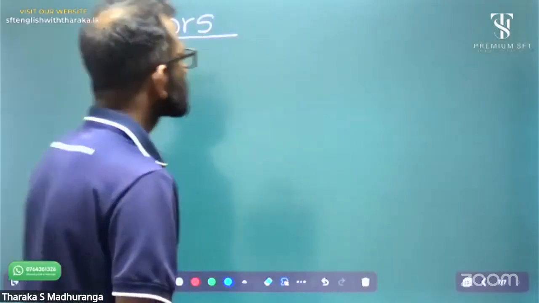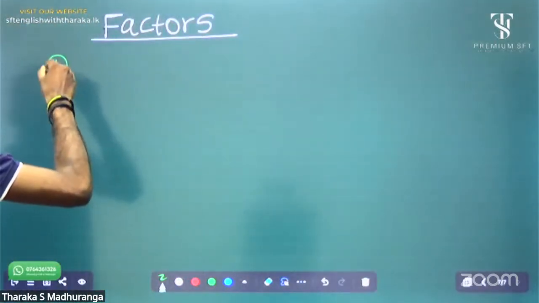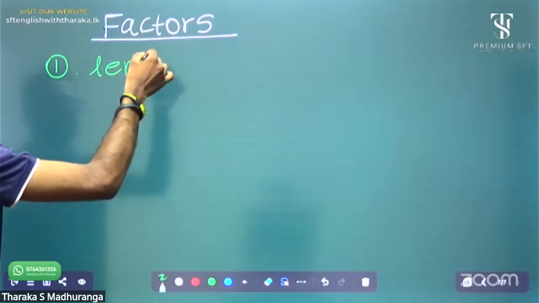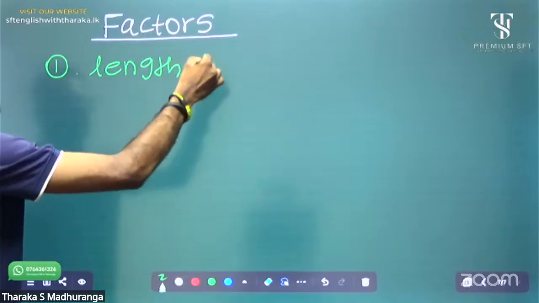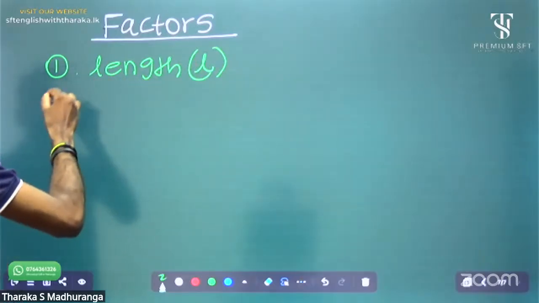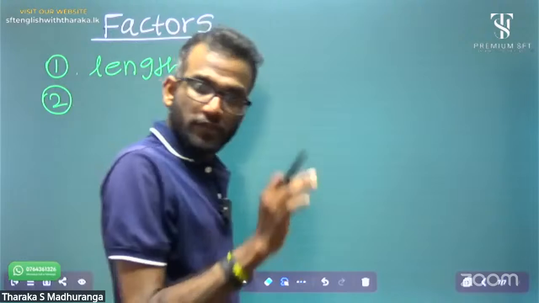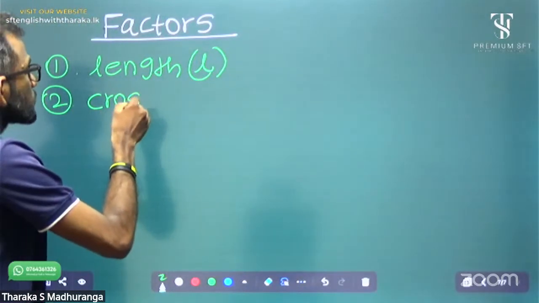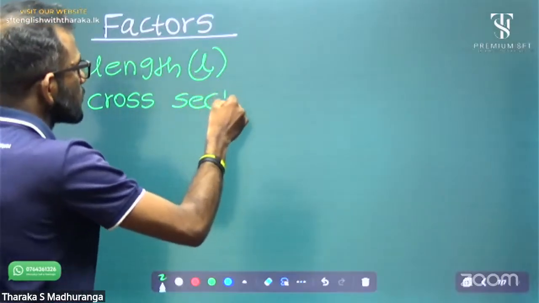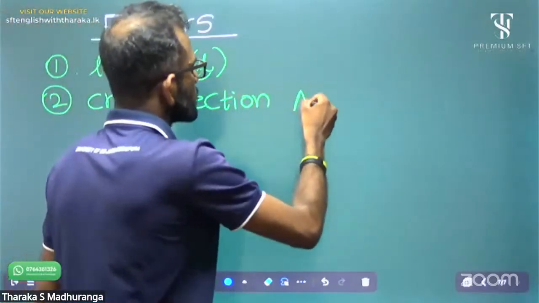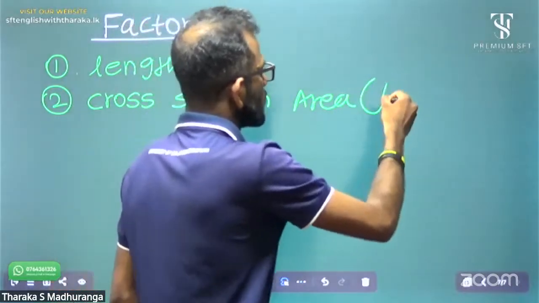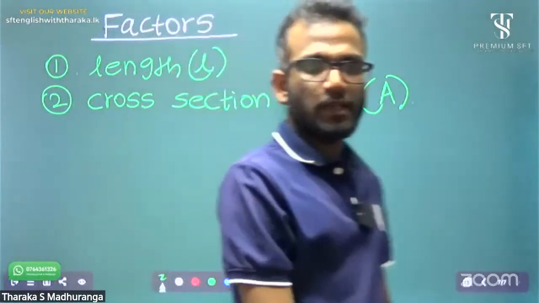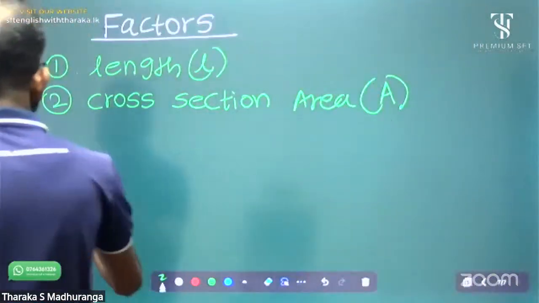The first one is the length of the solid rod, L. What's the second one? Cross section area, not just the area, cross section area, capital A. What else?